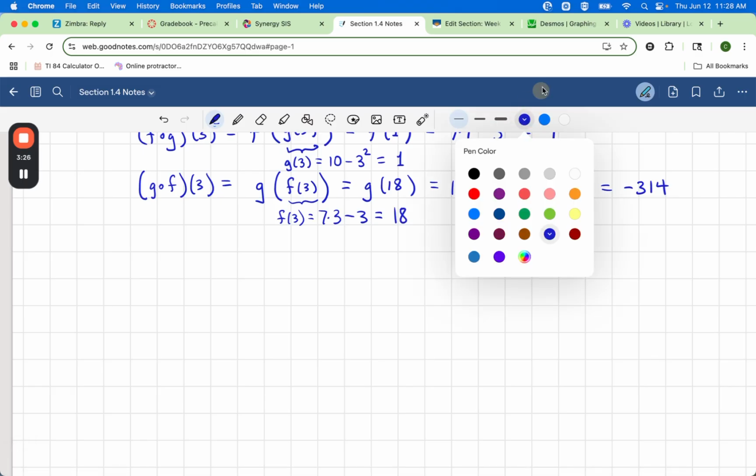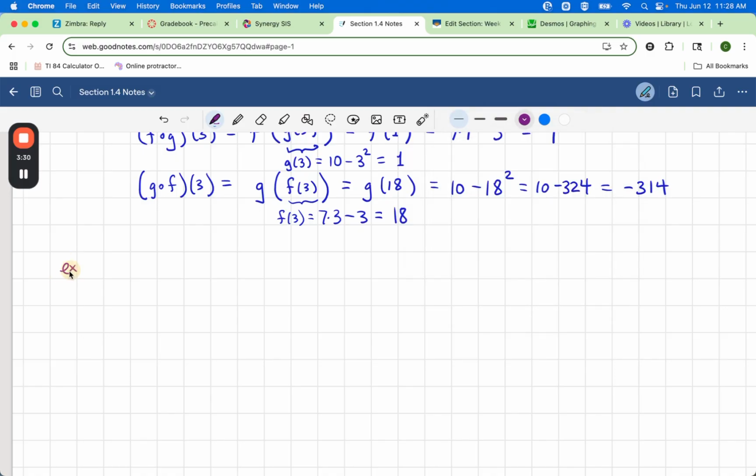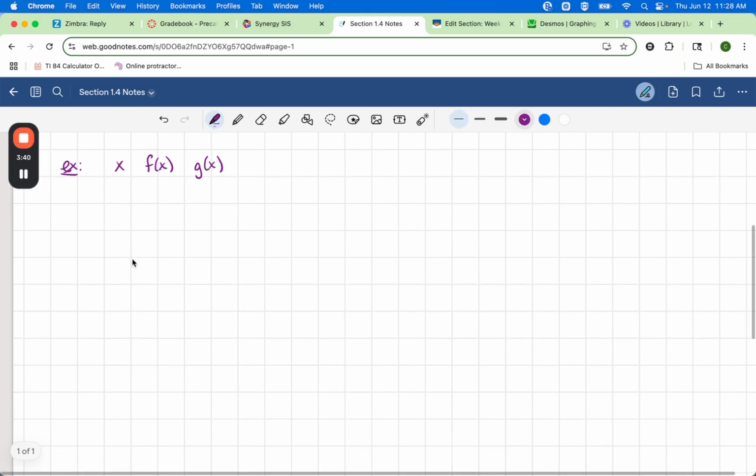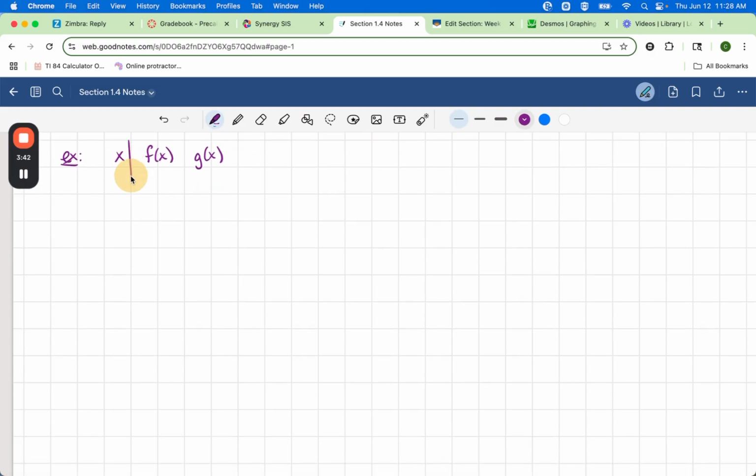All righty. Let's do another one. I'm going to give you a table. So I have x, f of x, and g of x in a table. So we're going to go all the way from 0 through 9 for my inputs.